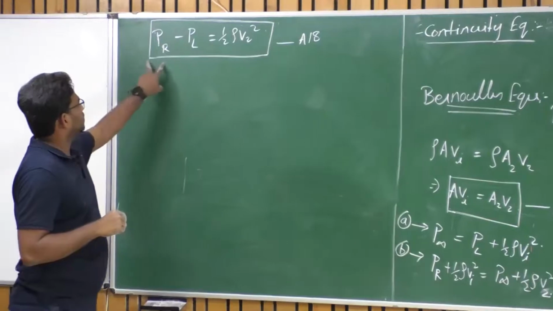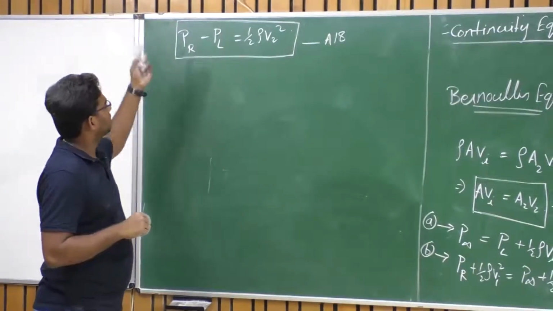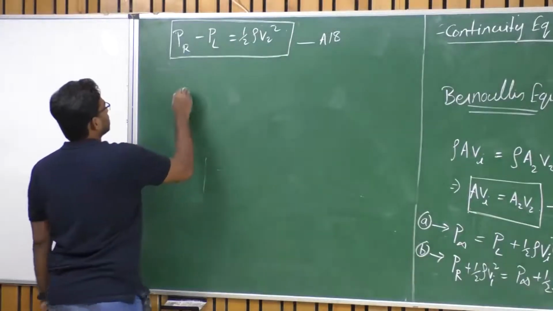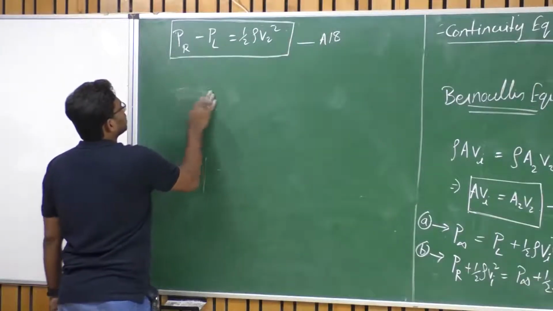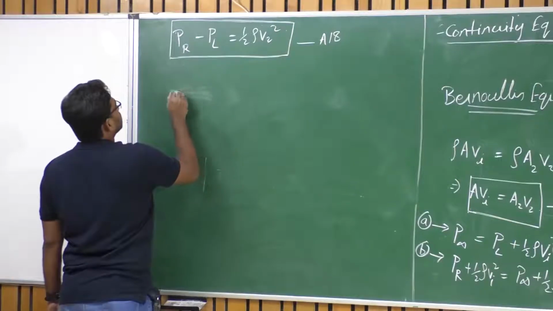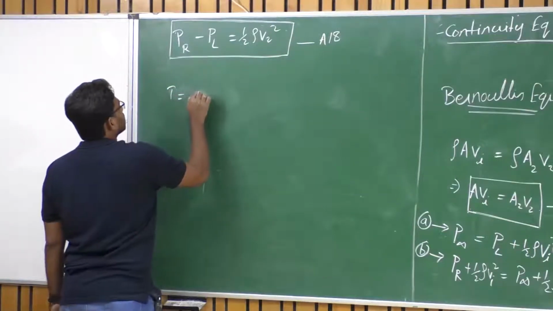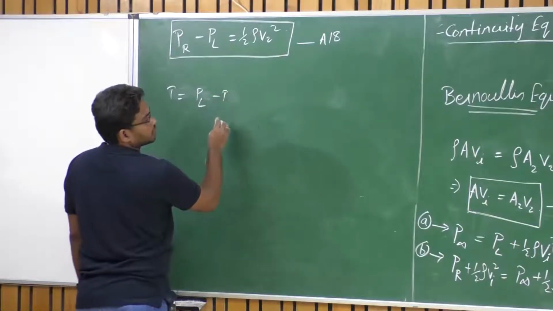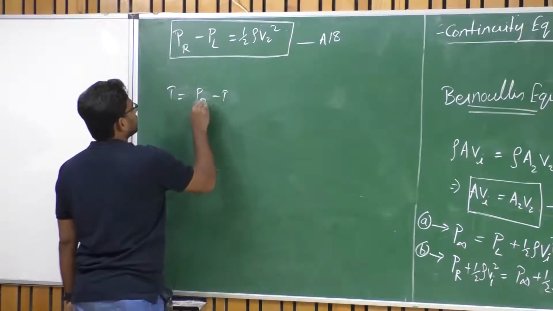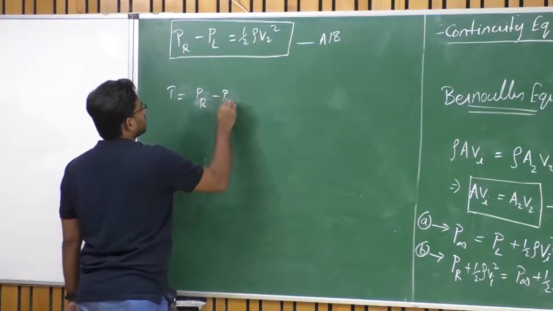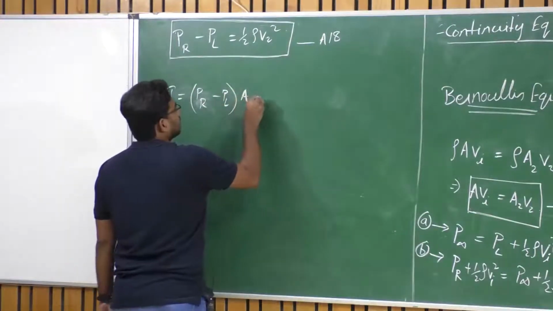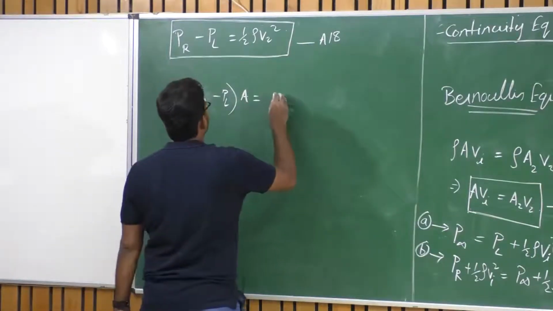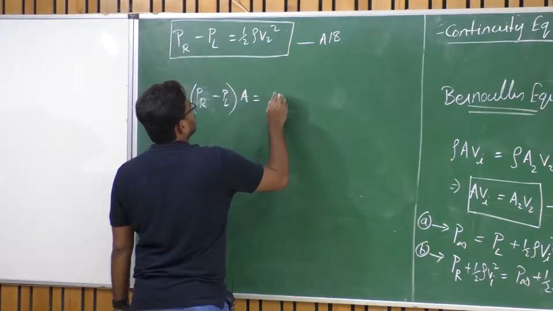Now comparing this equation 18 and the previous 15 and 16, what we can write is the thrust generated here, so T is equal to P right minus P left, right? What was there? P right minus P left times the area, isn't it? Which is equal to, which one?